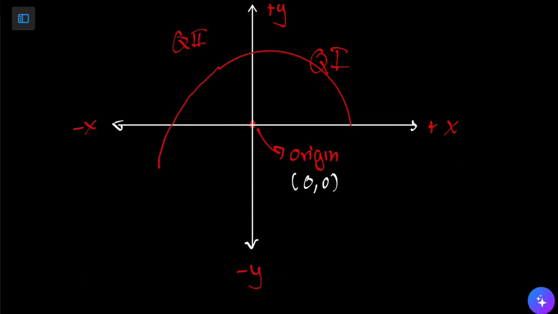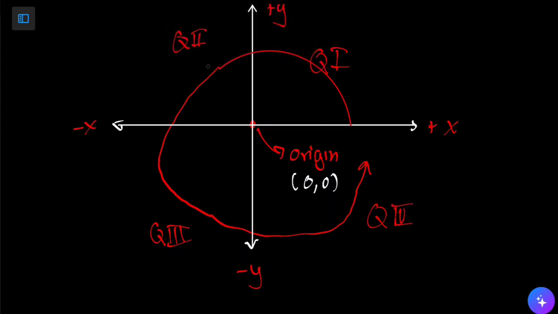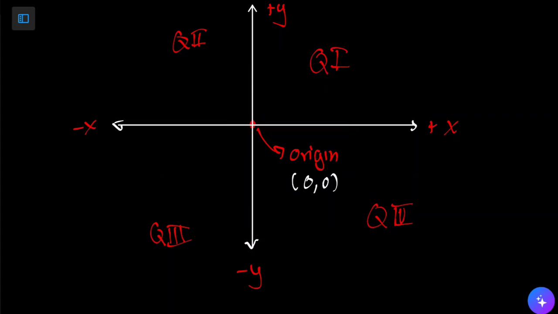And as you go here, that will be your third quadrant. And after you made it through here, this will now be your fourth quadrant. So that is the quadrant system of your Cartesian plane. Now with that in mind, we have to study how to plot points in your Cartesian plane.